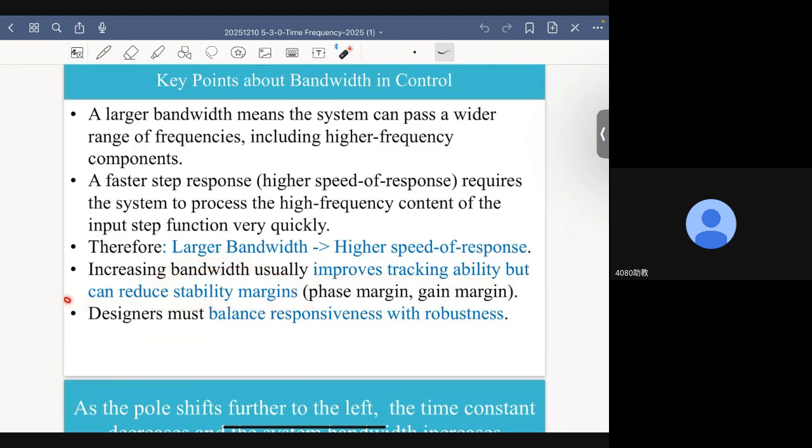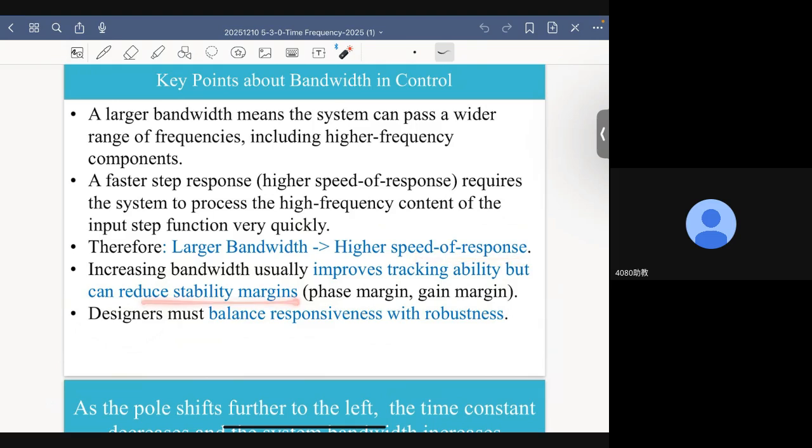This apparently is a side effect, because stability margins such as phase margin and gain margin are important for the robustness of the system. So the designer has to balance between speed of response and the stability margins.